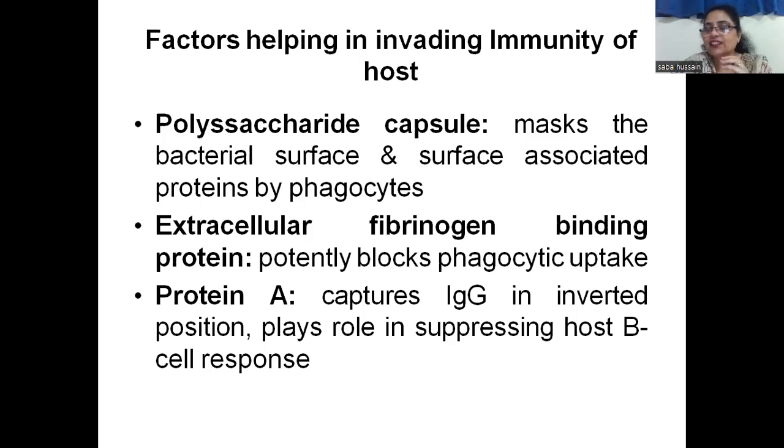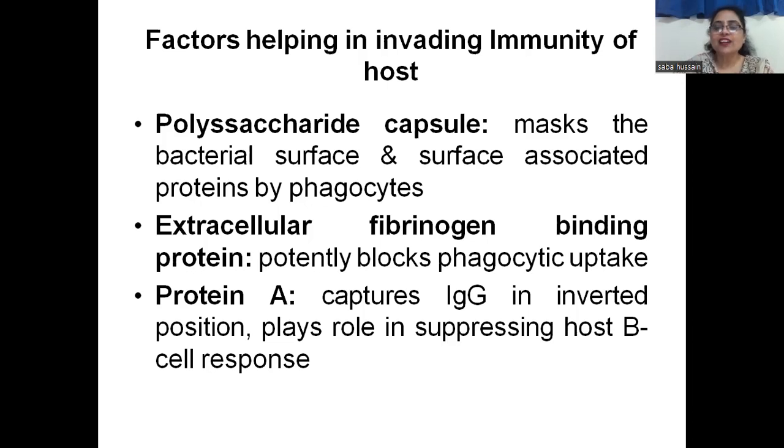When this bacteria comes in contact with the cells of the immune system, what are the different cells of the immune system? You can go back to my video and watch it on my channel. Here I'm just calling them cells of the immune system which perform phagocytosis. This bacteria can fool those cells because it is wearing a mask, and this mask is covering all the foreign things which can be detected by phagocytes for phagocytosis.